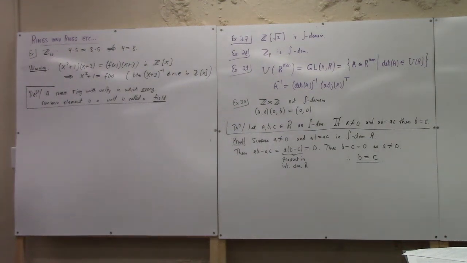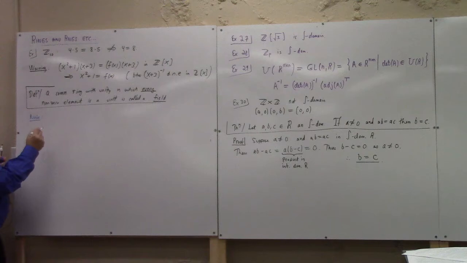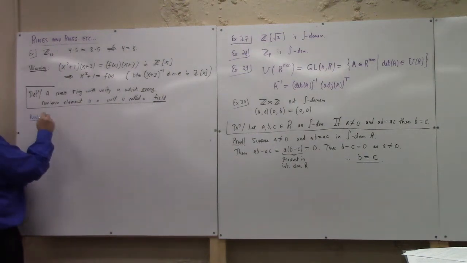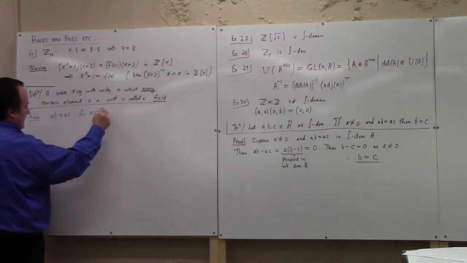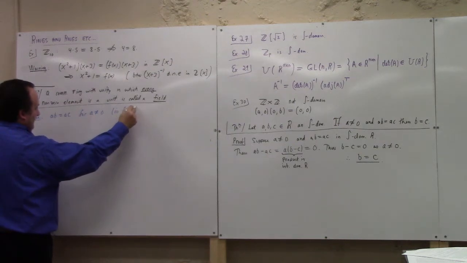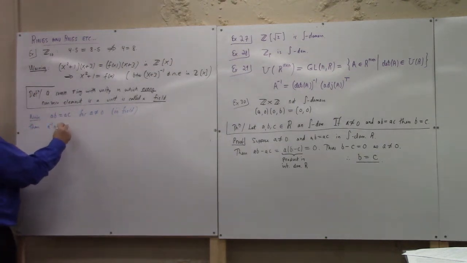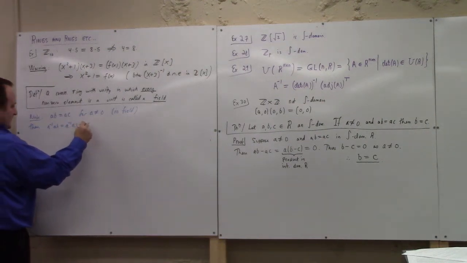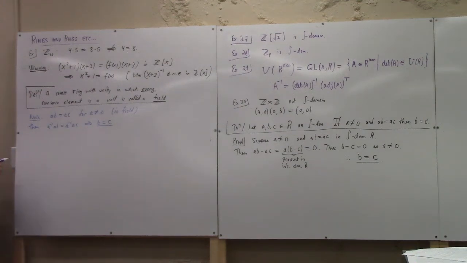Let's see here. Certainly we have the cancellation property, right? Because if we have AB equals AC for A not equal to 0 in a field, then A inverse AB is equal to A inverse AC, which implies, of course, that B is equal to C, because A inverse A is the identity, right?